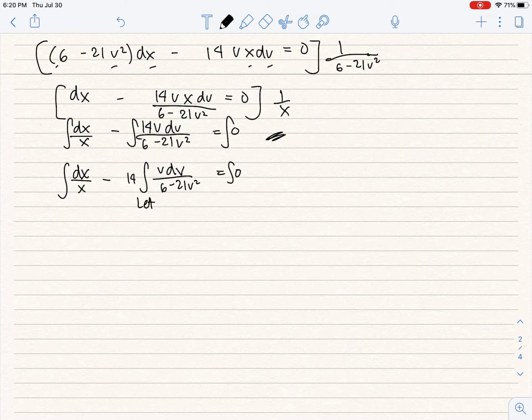So let u equal to this, 6 minus 21v squared. Then du is negative 42v dv. We used let u because if we derive it, we get the v dv. If you look at it and derive it in your mind, you get the v dv. That's why we let u.